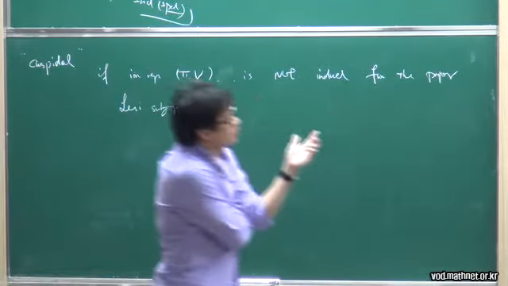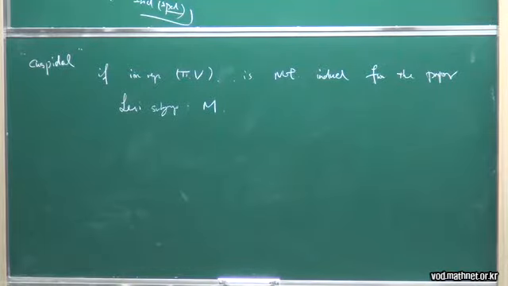That means if an irreducible representation of G cannot be constructed in this way, we will call it cuspidal.